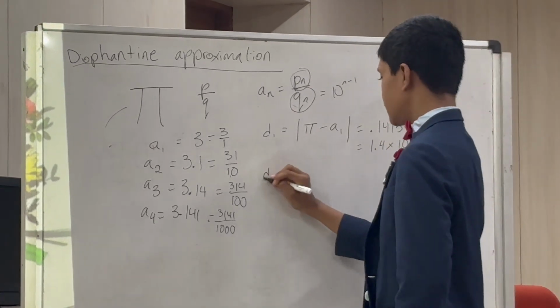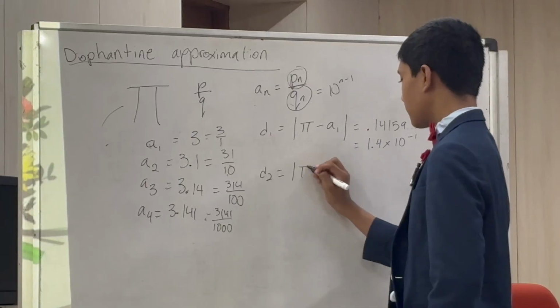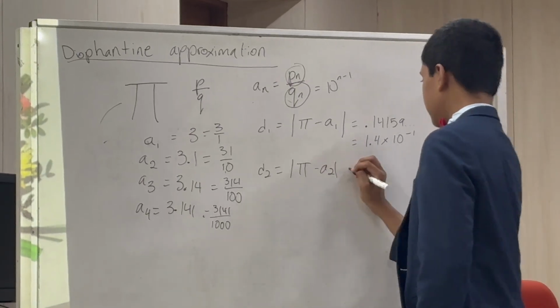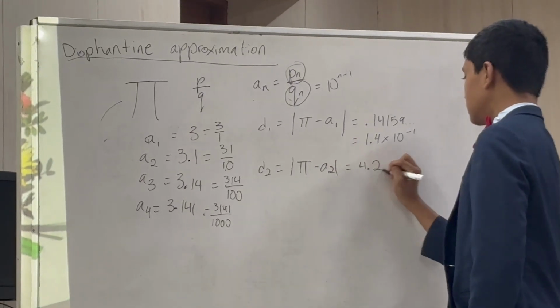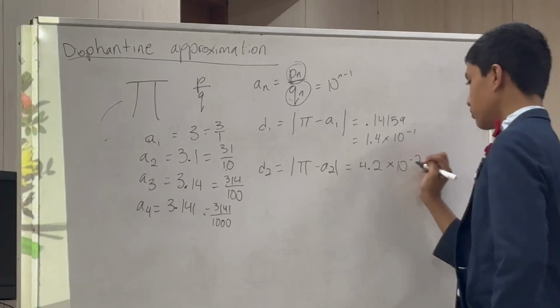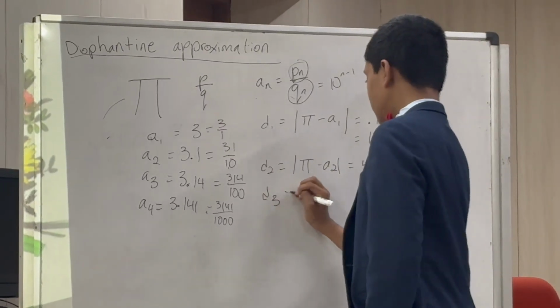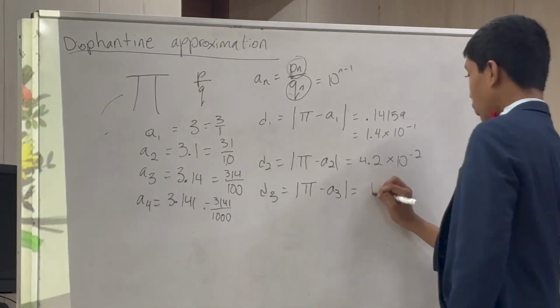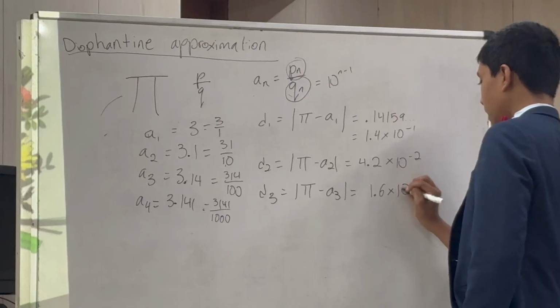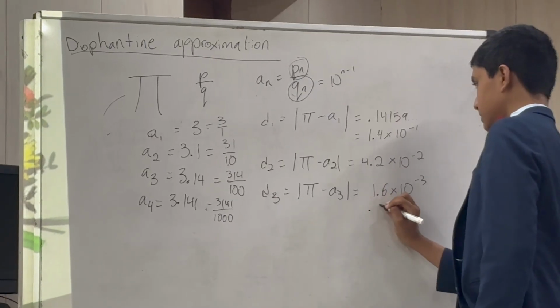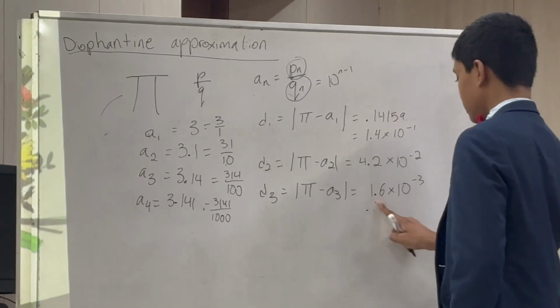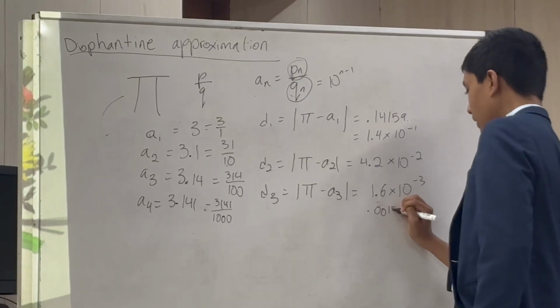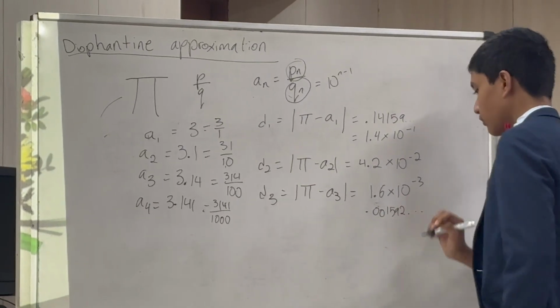Then d2 is pi minus a2, and it's going to be 4.2 times 10 to the minus 2. And then d3 is pi minus a3, and it's going to be 1.6 times 10 to the minus 3, since it's 0.001592, and so on and so forth.